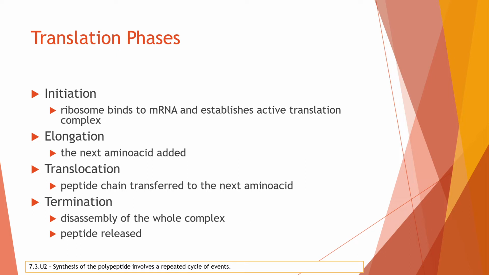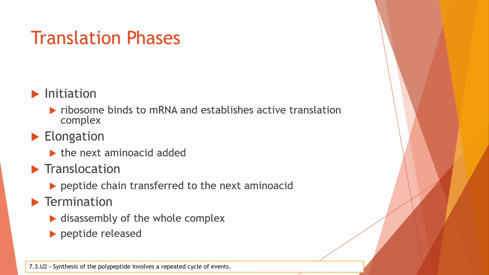So the whole process of translation consists actually of three separate phases. The first is initiation, and it lasts till both subunits of a ribosome join together on mRNA and find the proper position to start the next phase.